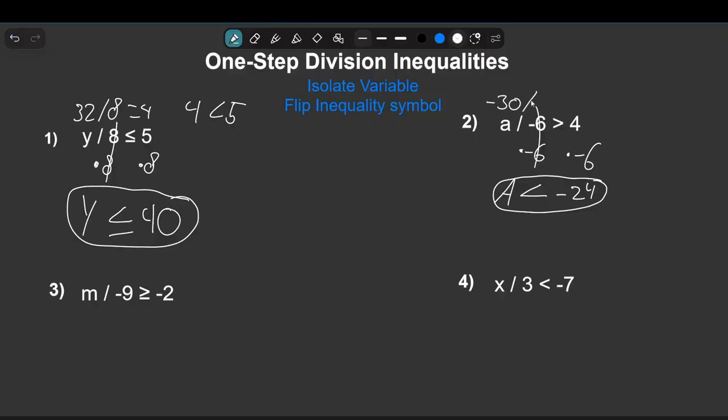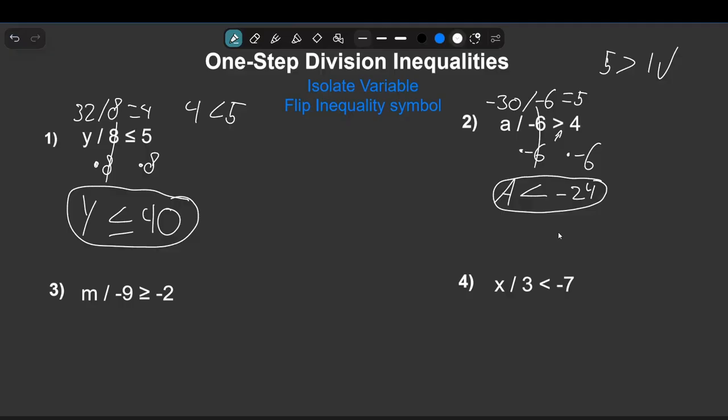Minus 30 divided by minus 6 equals 5. We had to get a number greater than 4, and of course 5 is greater than 4. So now we know we have the correct answer of a is less than minus 24.